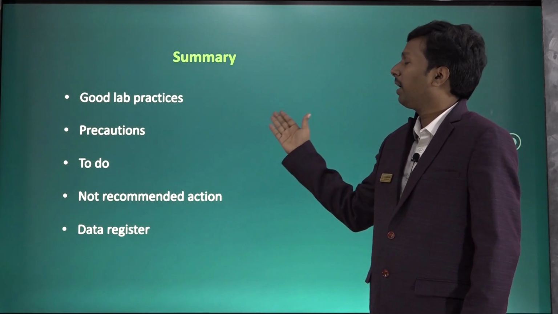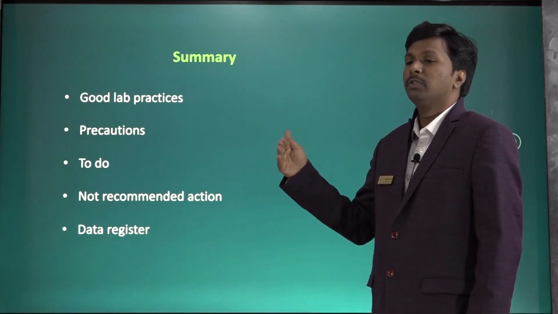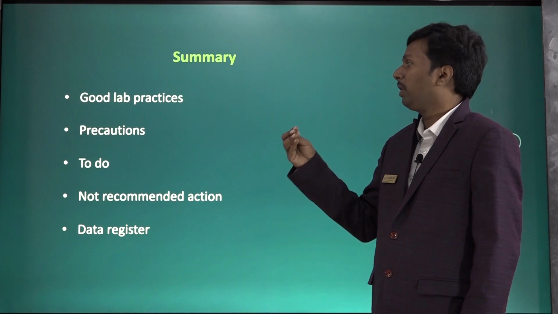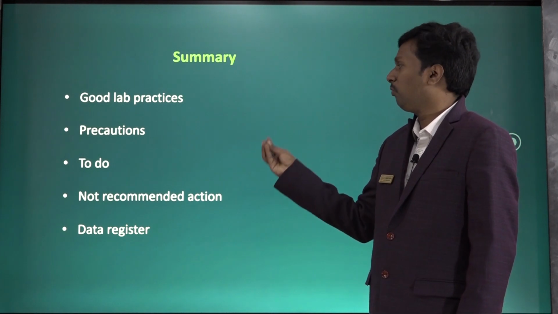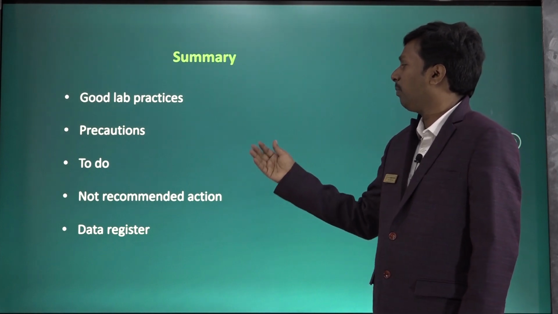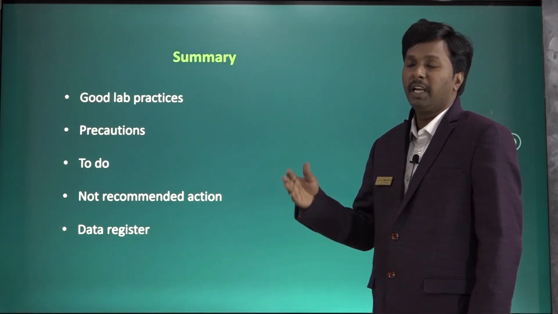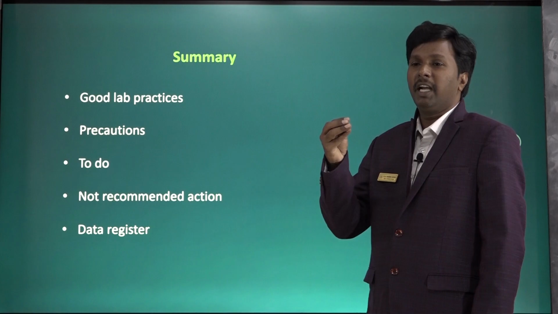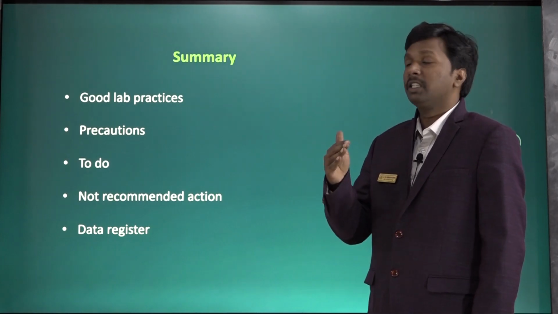So we know good laboratory practices. While handling different types of microorganisms, we know the precautions and good laboratory practices. We know what to do, what not to do, and what the recommended and not recommended actions are. When performing an experiment, we have to maintain the data register; data is important, results are important and proper documentation is important.